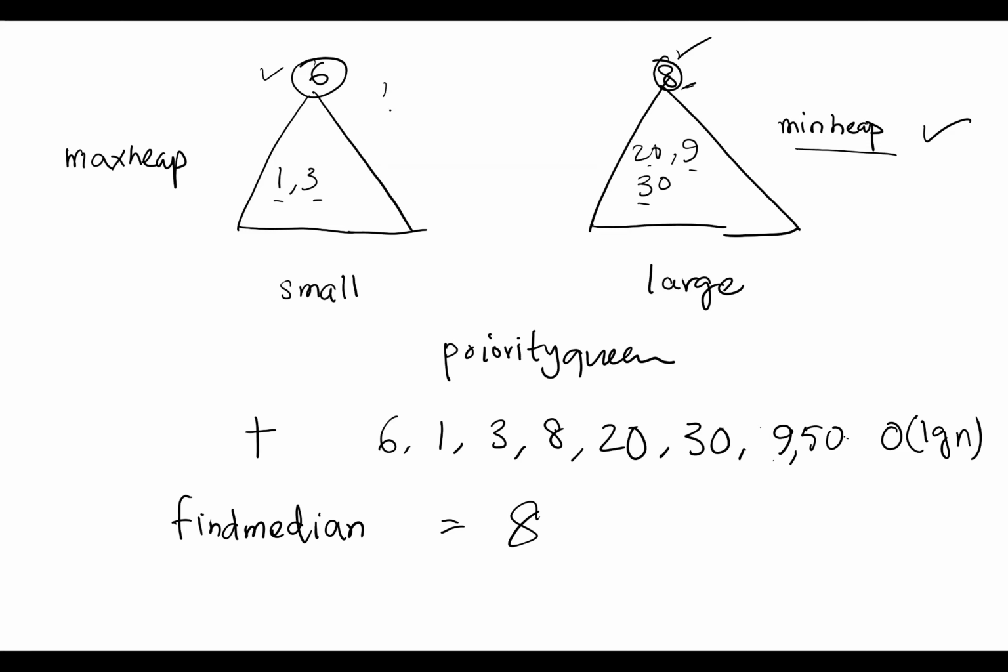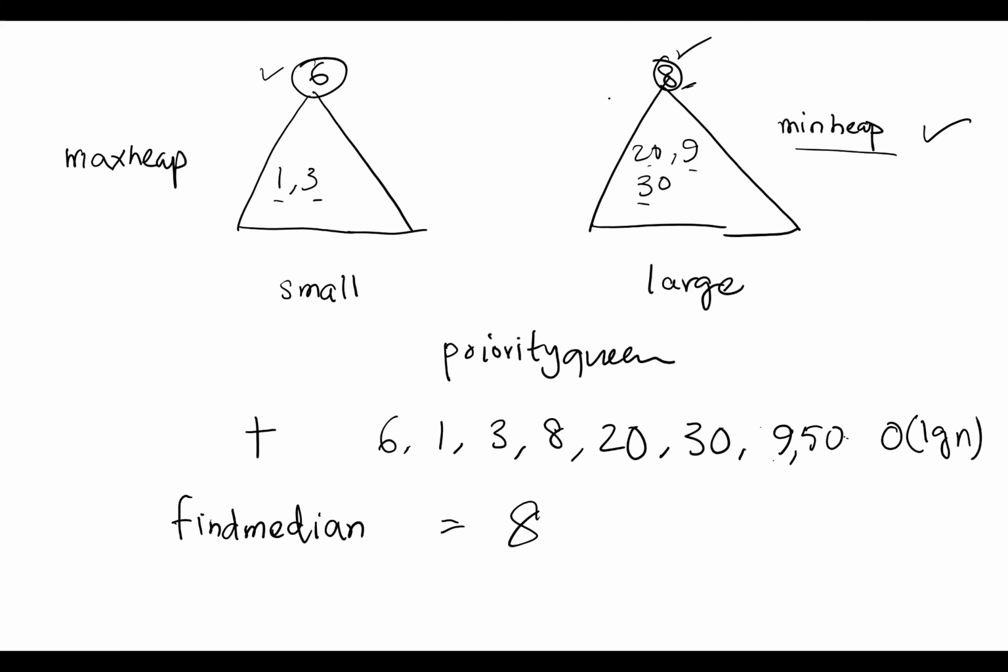But if I add 50 here, that's not quite right, because 50 actually belongs here, right? To make things right, we know that we have to add it here, but that will make the heaps imbalanced, so we cannot just find the median easily.